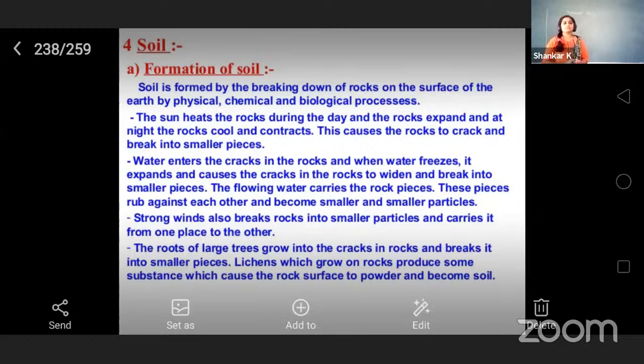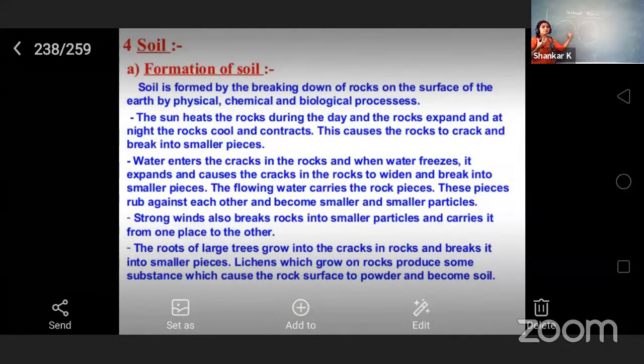The soil is formed by the breaking down of rocks on the surface of the earth, by physical, chemical, and biological processes. People used to blast rocks to make small pieces. Wherever there are hills and mountains, there will be big rocks.